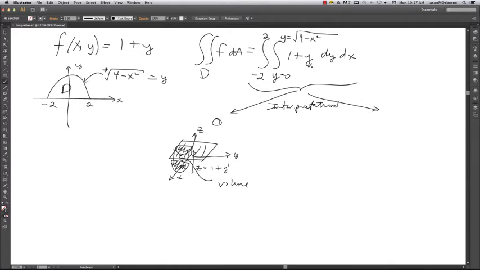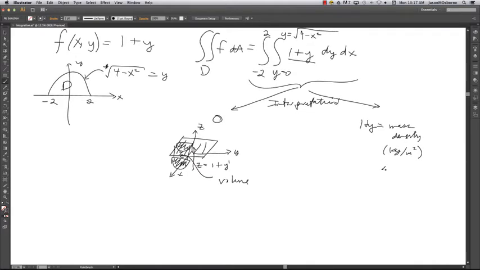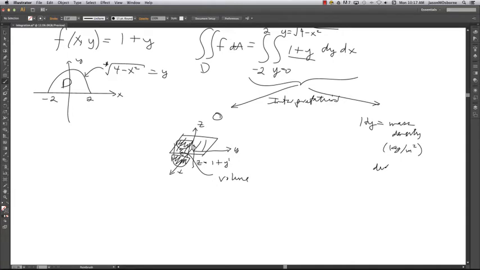There's another interpretation here that if you interpret 1 plus y as the mass density, I know in the previous problem they used slugs per foot squared, but let's just say we're going to use kilograms per meter squared, for example, right? And then you bring in a dy dx or a dx dy, and that will have the units of meters squared.